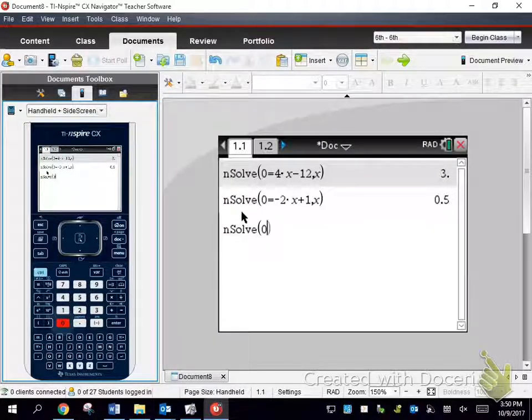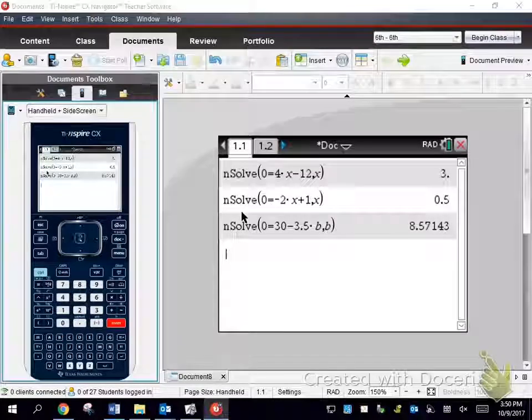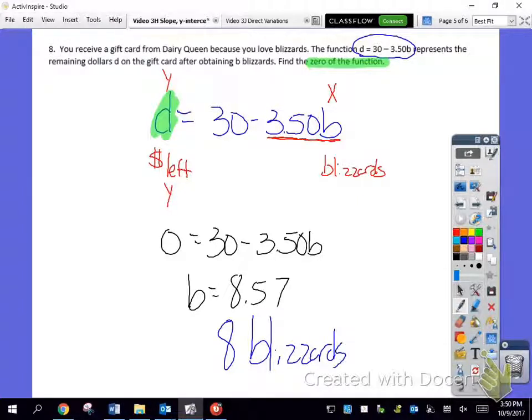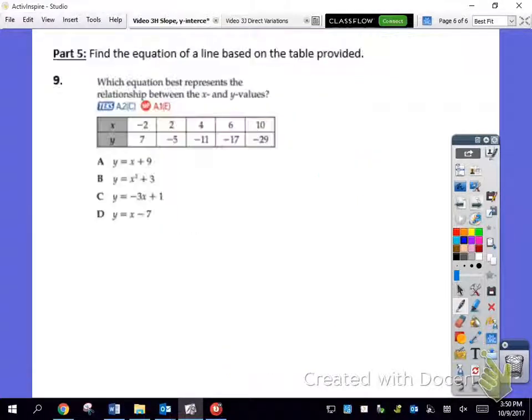And I have 0 equals 30 minus 3.5B. Just make sure I tell the calculator that I'm using B. Enter. 8.5. Now you can't go to the Dairy Queen and say, I need 8.5 blizzards. So you can probably buy 8 blizzards before you use up your gift card. Okay, that's probably how many you can get.